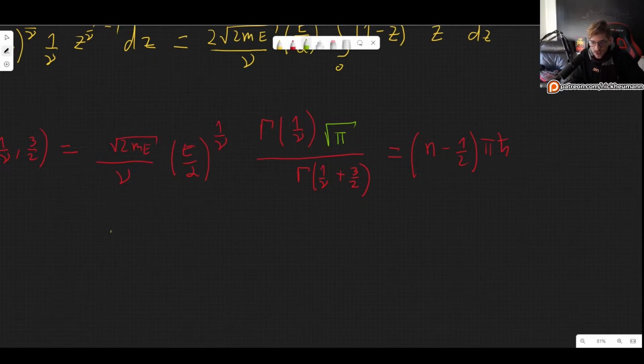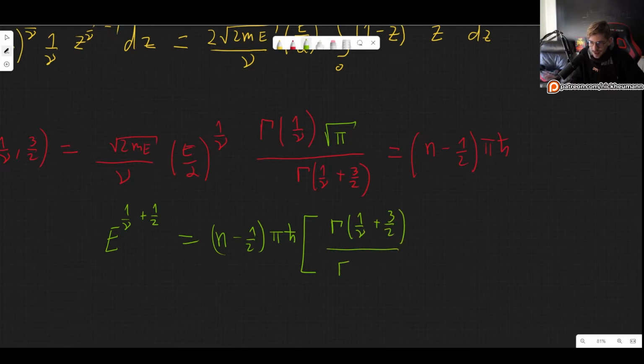So here we have E to the 1 over nu plus 1/2. And then we have everything else. So perhaps let's just divide by everything else, beginning with n minus 1/2. This is still on the other side, so pi h bar. And then we have everything else. So we have to multiply by gamma of 1 over nu plus 3/2 divided by gamma of 1 over nu.